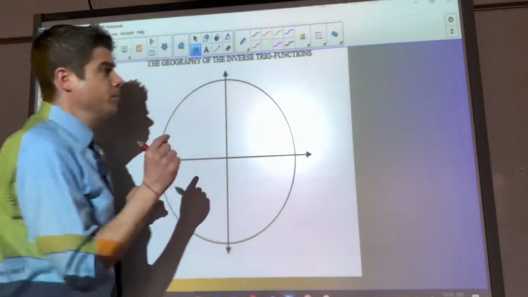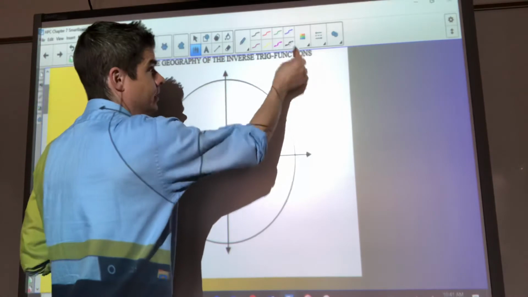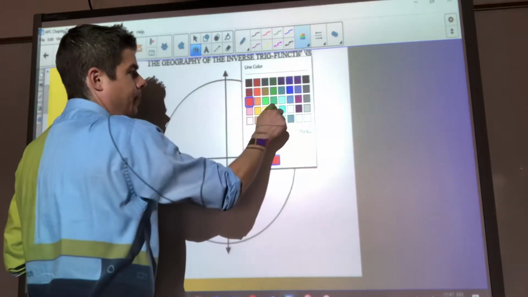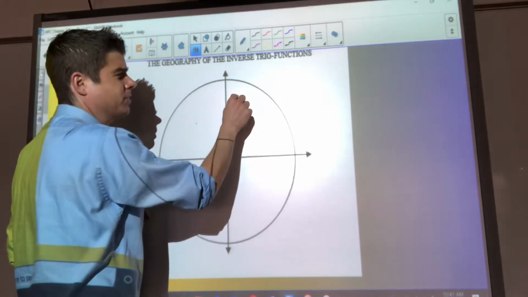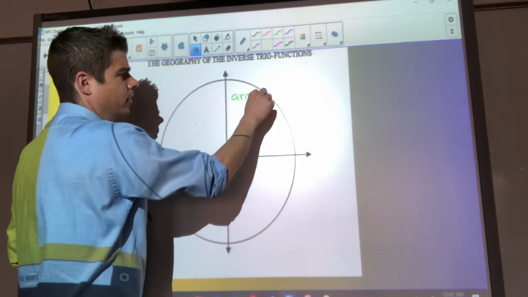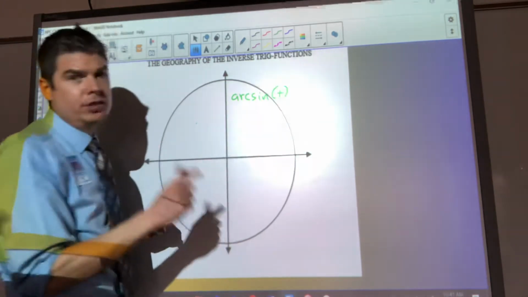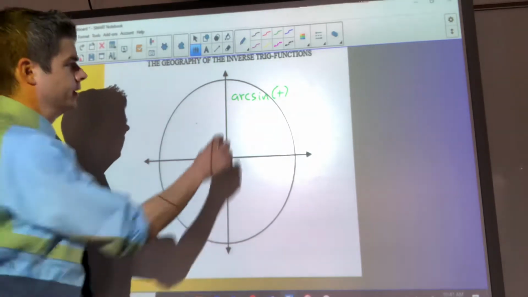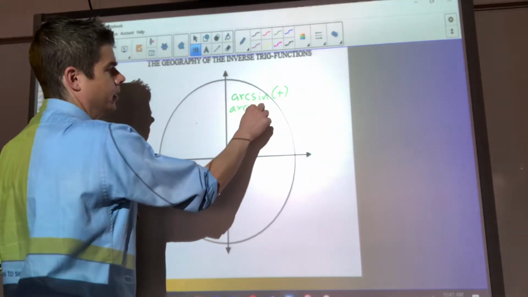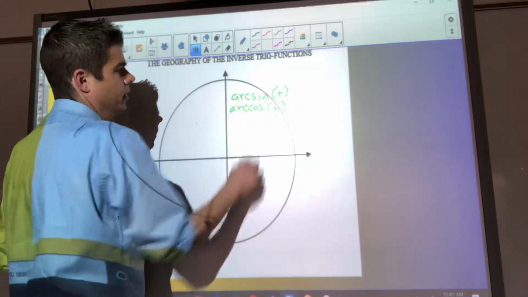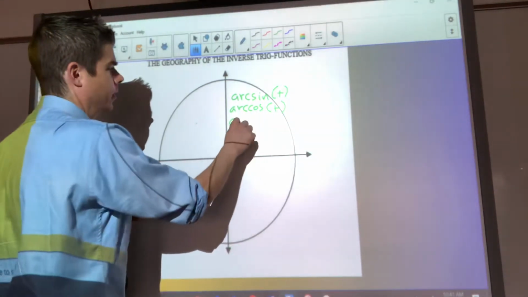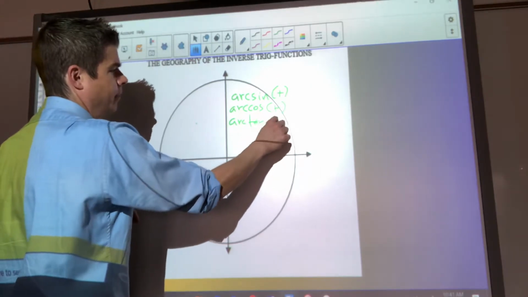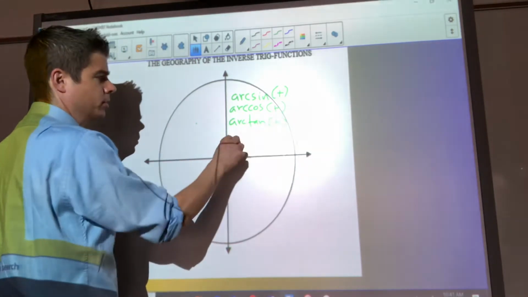So if you would be given any positive ratio, if it's arc sine, I'm going to use the arc one just to get used to that. Arc sine, if it's a positive ratio, you're going to put into quadrant 1. If it's arc cosine of a positive ratio, you'll put it in quadrant 1. Arc tangent of a positive ratio, put it in quadrant 1.